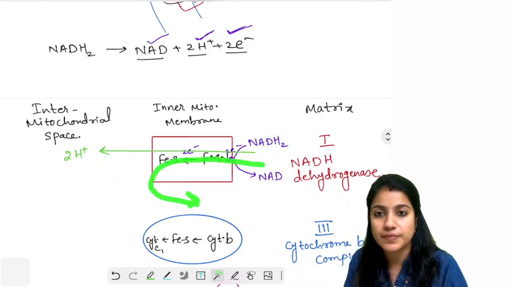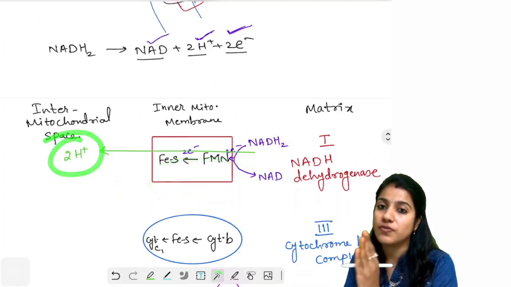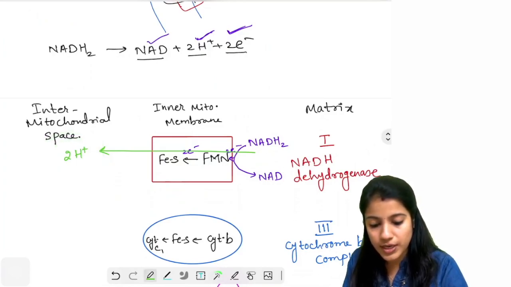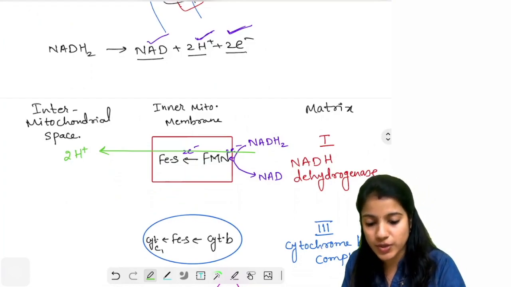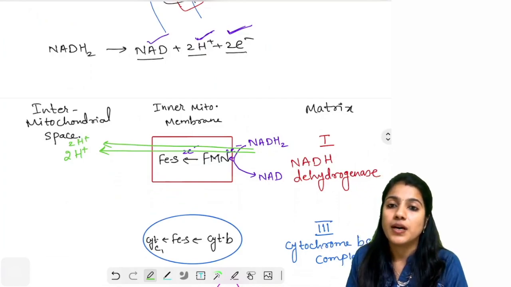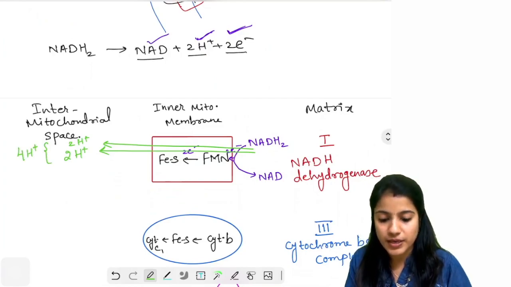That's why here we are writing a total of 4. So 2 protons came from NADH2 directly, and 2 protons because of the transport of electrons. So here I'll be getting a total of 4 protons.